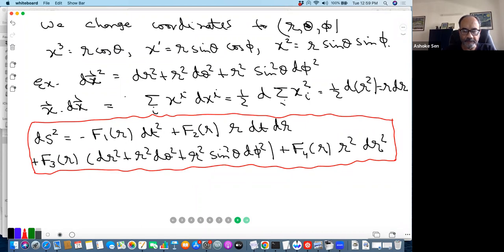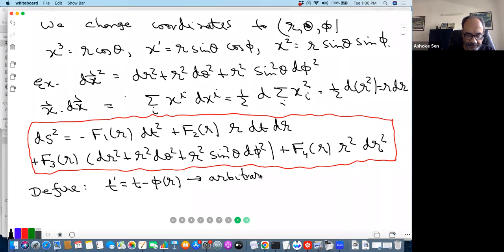Now we are going to try to simplify this further by making some additional coordinate transformation. We define a new coordinate t prime, which is t minus chi of r. As of now, chi of r is some arbitrary function.